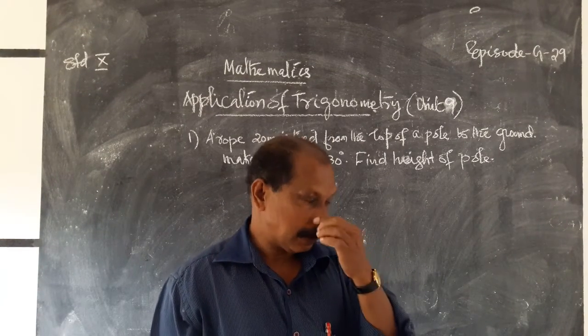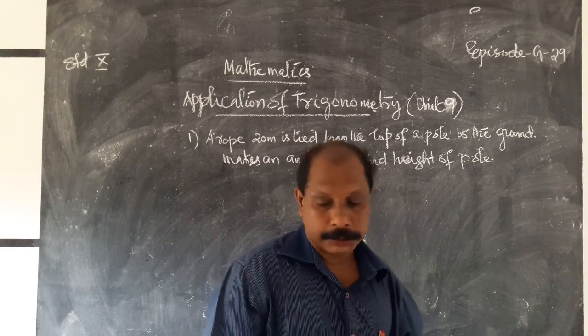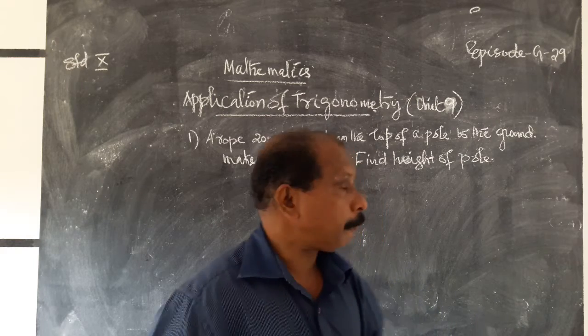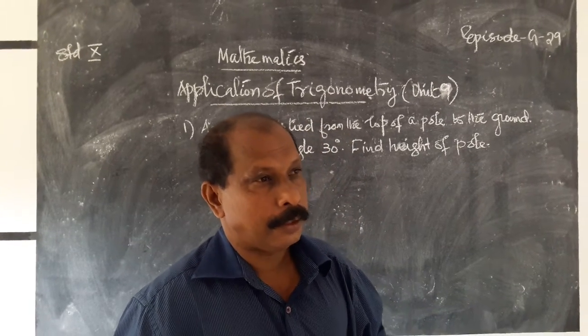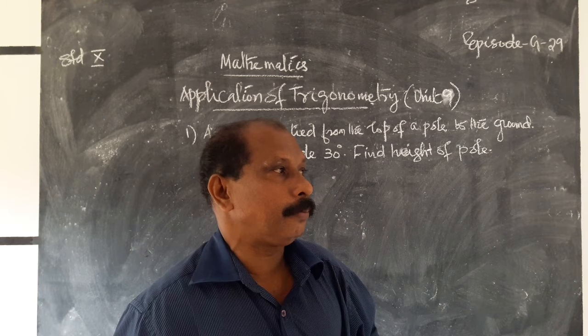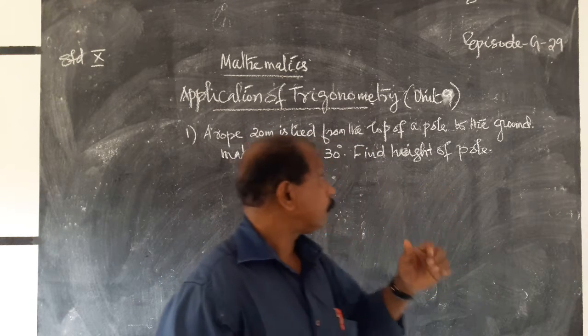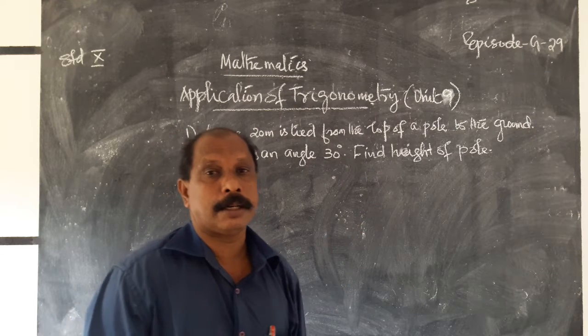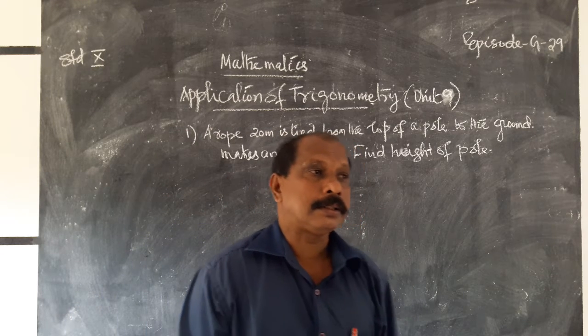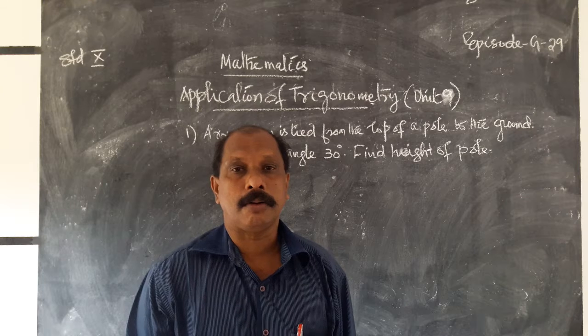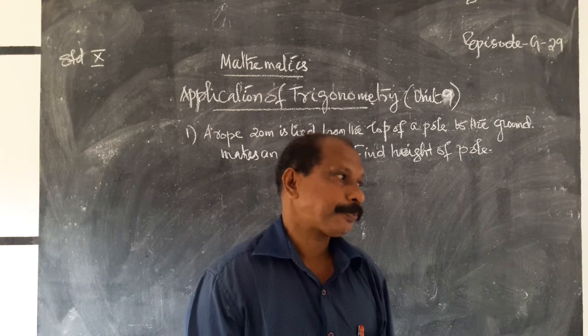Dear students, all the exercises of chapter number 7, that is geometry, are also closed. Then the next chapter, that is unit number 9, application of trigonometry.